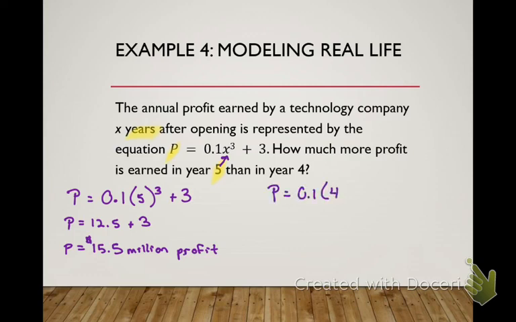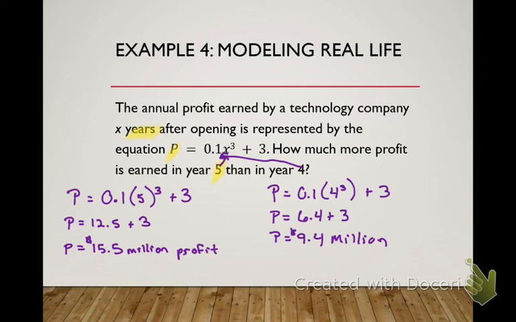0.1 times 4 to the third plus 3, because I take 4 and I plug that in for x. P equals, what was 4 times 4 times 4? 64 times 0.1, 6.4 plus 3 is 9.4 million.